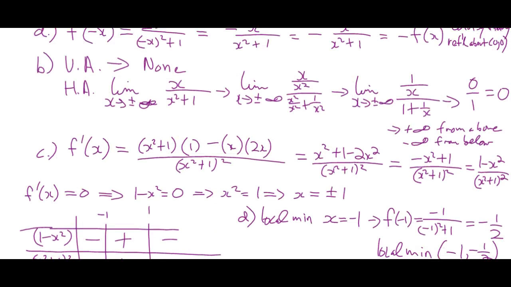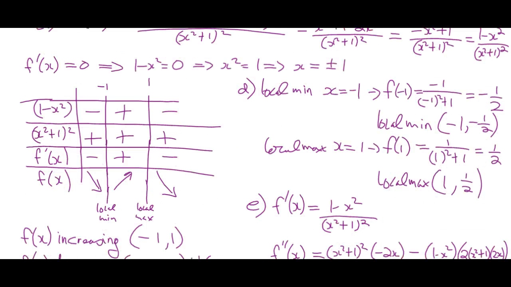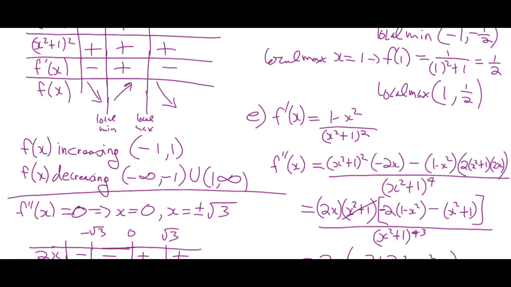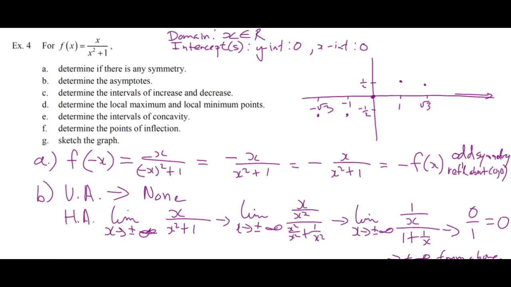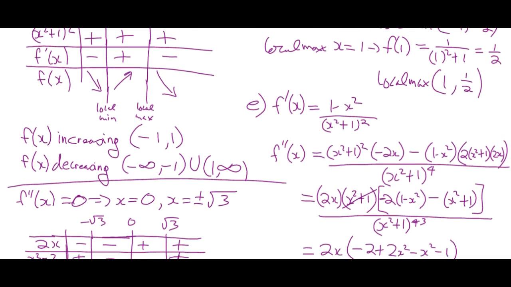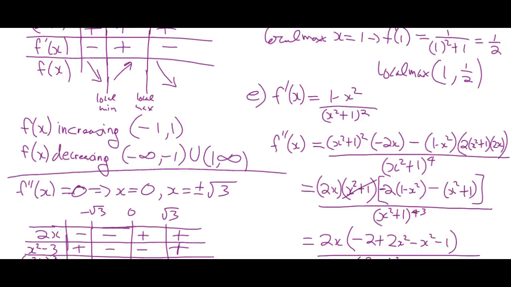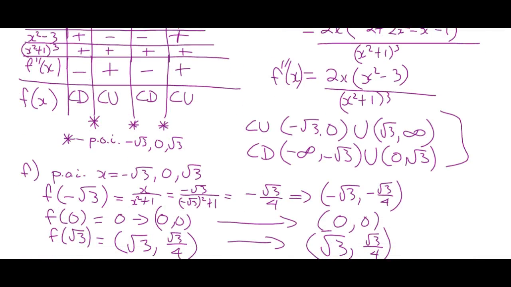All right, so what have we got so far? Oh, asymptote, okay, it's just going to run into all that stuff. We've got our mins and max. Oh, right, so we're increasing from negative 1 to 1. Okay, that makes sense. We're decreasing from 1, and then it's going to be increasing from negative 1. Decreasing from negative infinity to negative 1, right? It's going to come down to here, obviously. Okay, and we've got our points of inflection.